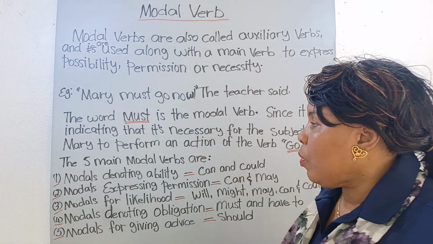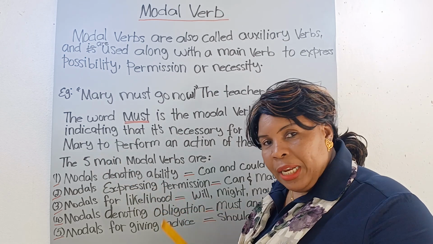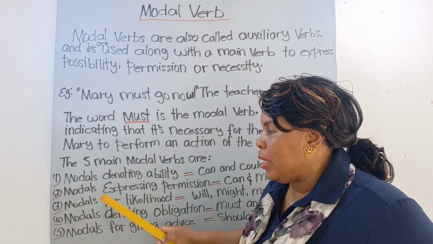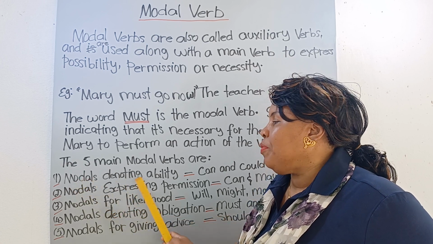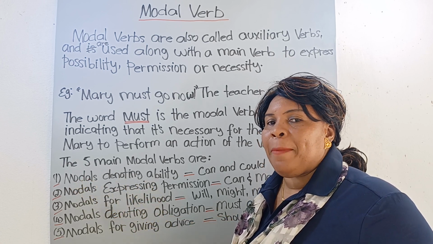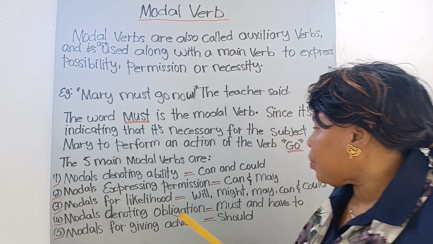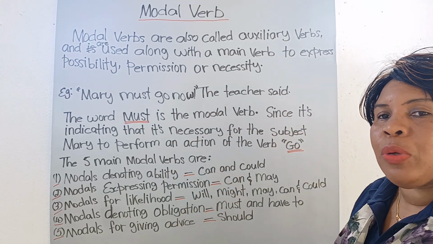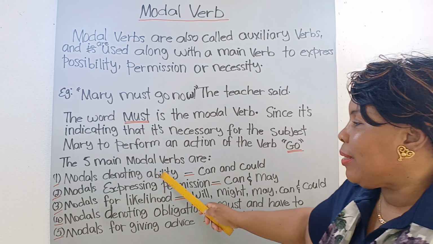All right, so in English, the 5 main modals for English, they are what? Modals for denoting ability. Can and could, to carry out an action that you can carry out. That's ability.